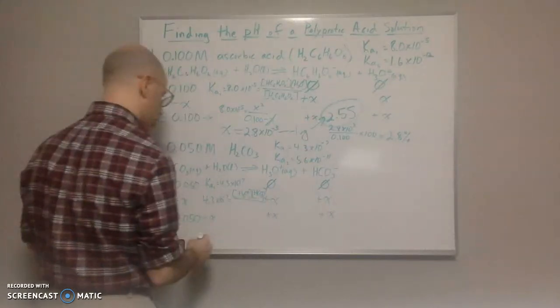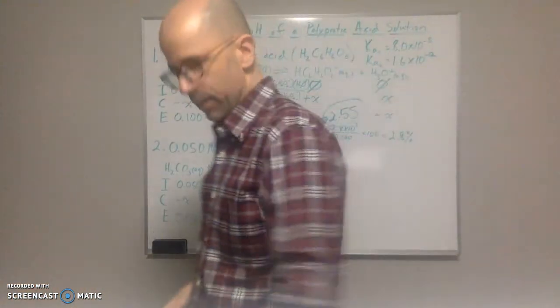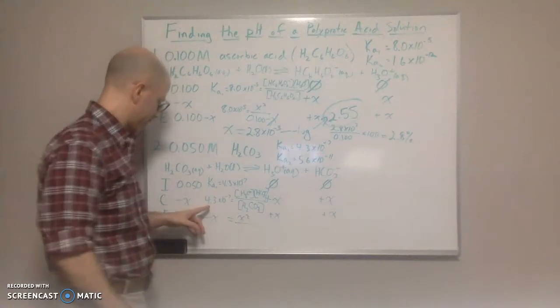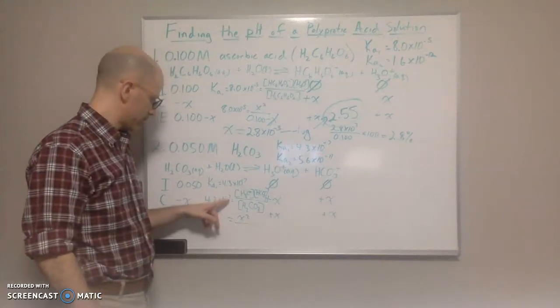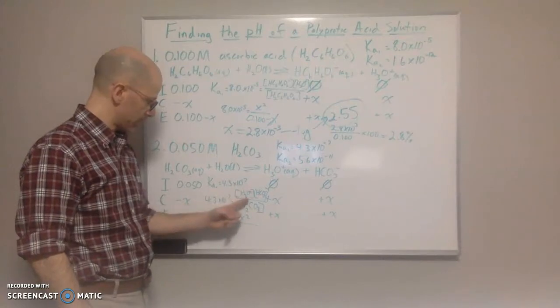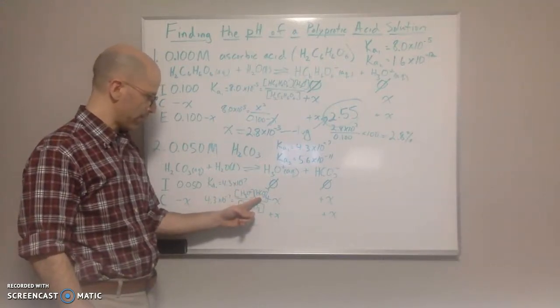Alright, sorry about that, my computer died. So where was I? I had 4.3 times 10 to the negative 7 is equal to the H3O+ hydronium ion concentration multiplied by the HCO3 minus concentration divided by the H2CO3 concentration.